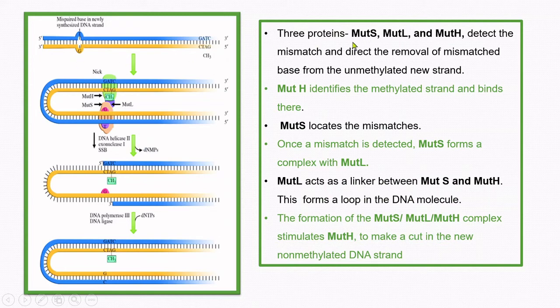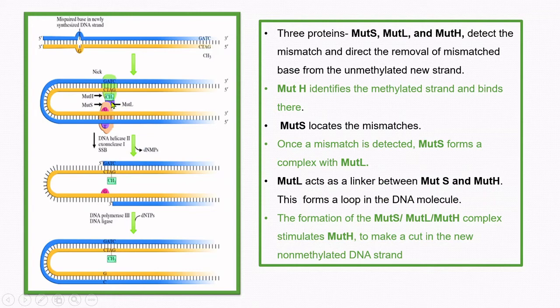So there are three proteins that are the products of three genes: MutS, MutL, and MutH. MutH identifies the methylated strand and binds at the GATC site, and MutS locates the mismatch, and once it is detected, MutS forms a complex with MutL.